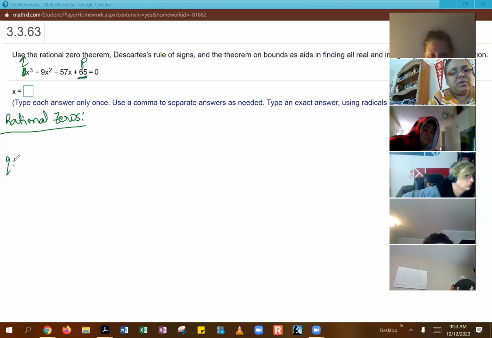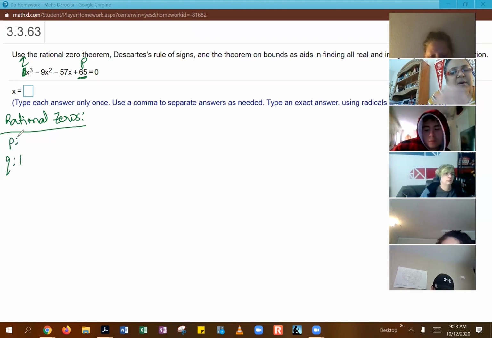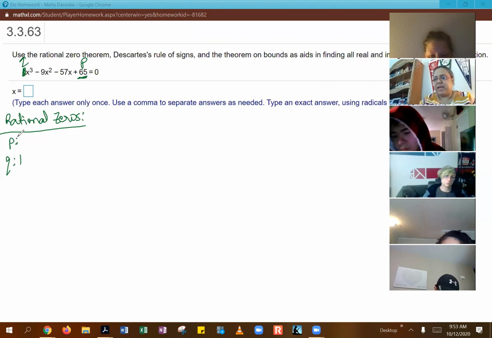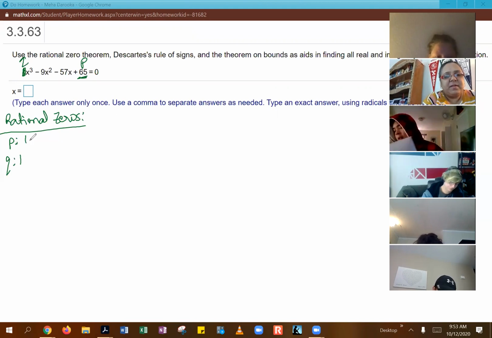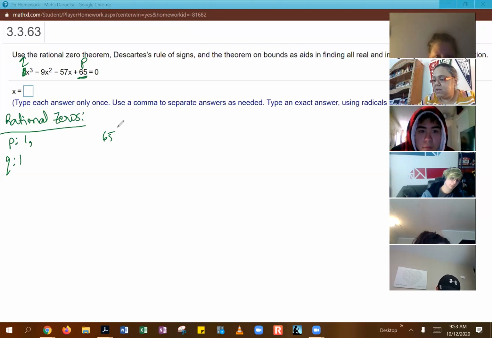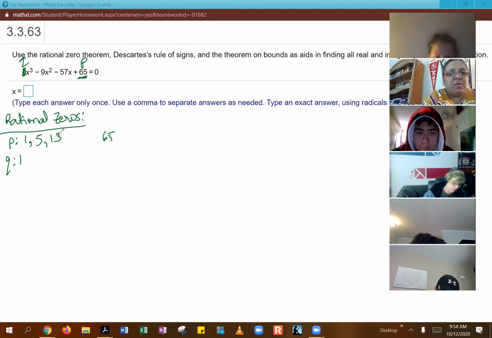So q will just be number 1, but for p, how are we going to break 65 down? Other than the obvious 1 and 65, 5 and 13. And of course, since those are both prime numbers, we cannot break this down anymore, right? 5 will not be broken down, 13 will not be broken down.